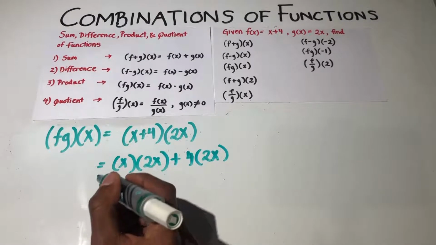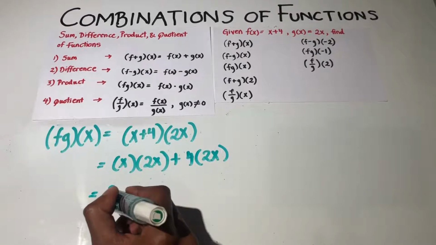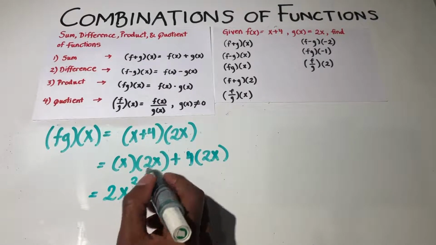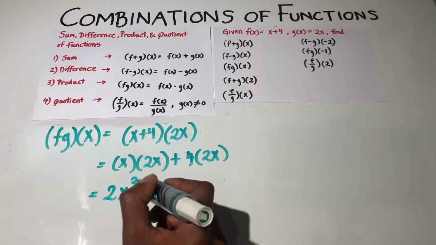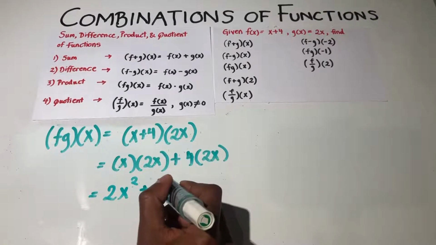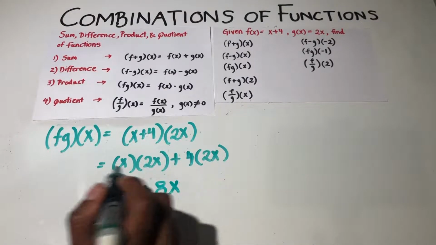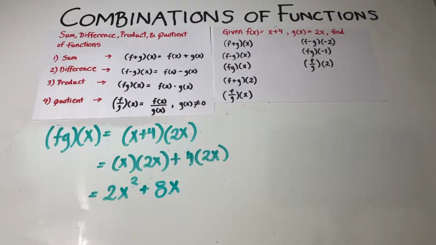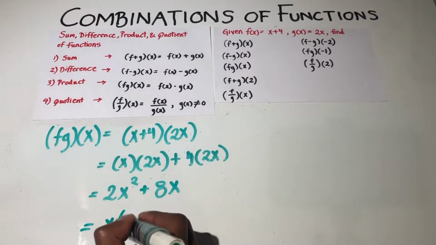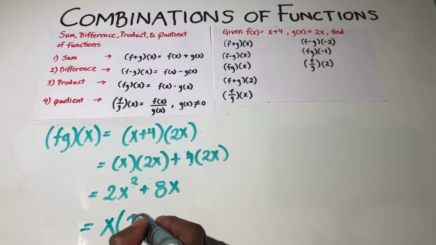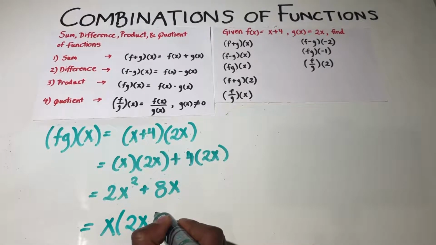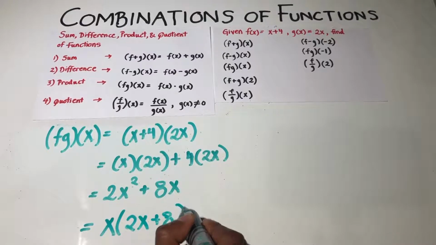X times 2x is going to give us 2x squared, and 4 times 2x is going to give us 8x. Notice how you can factor here too. And if you factor here, you can factor the x out. It's going to give us 2x plus 8.